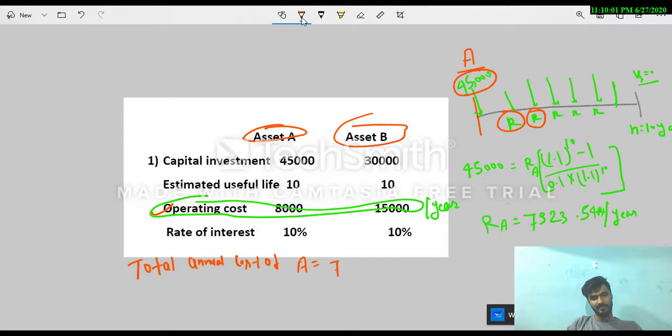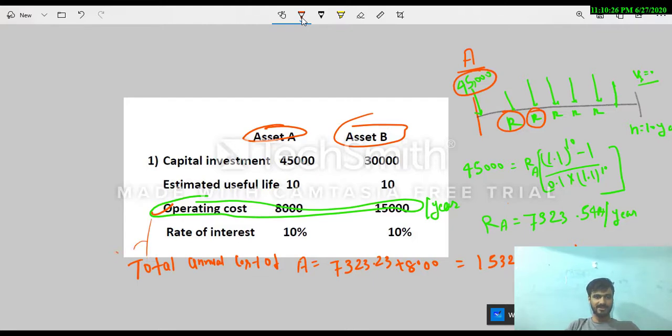Then you have to add 7323.54 plus 8,000 rupees, and after that addition you will get 15323.54 rupees per year.